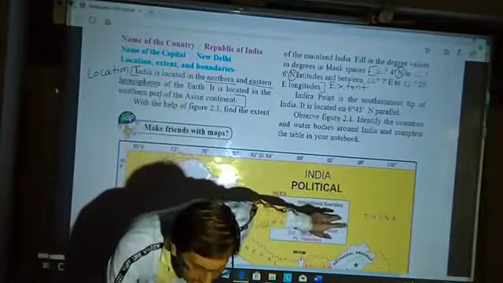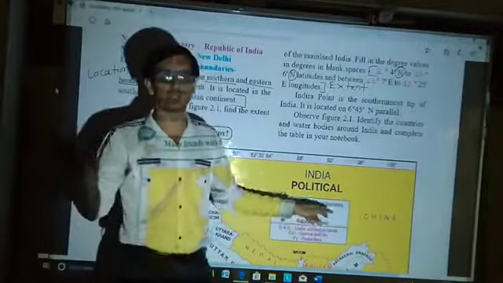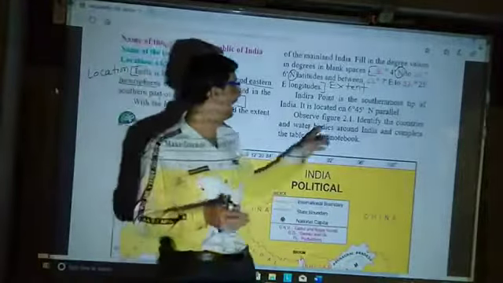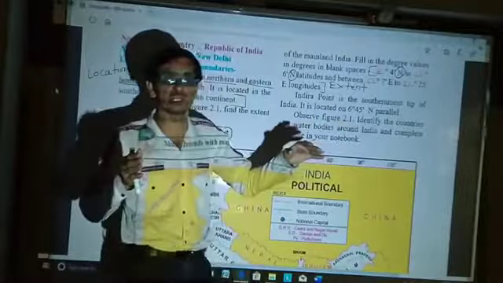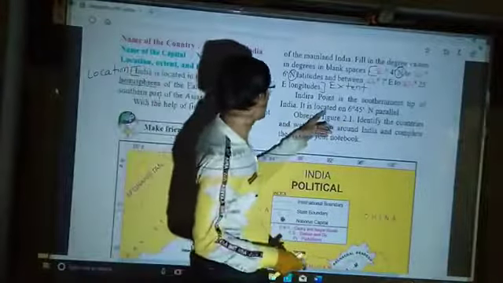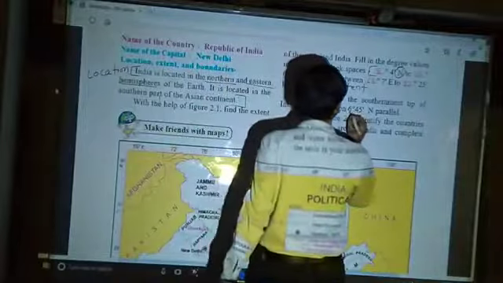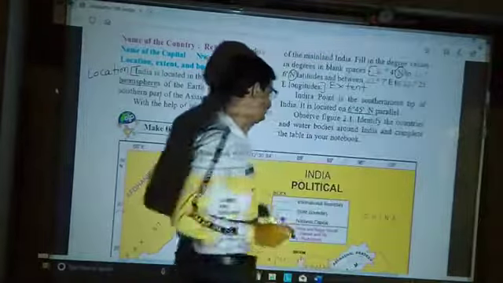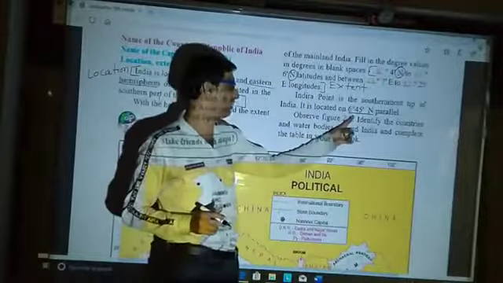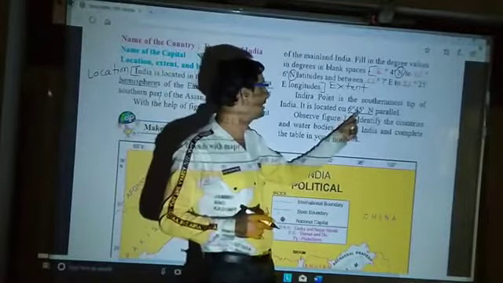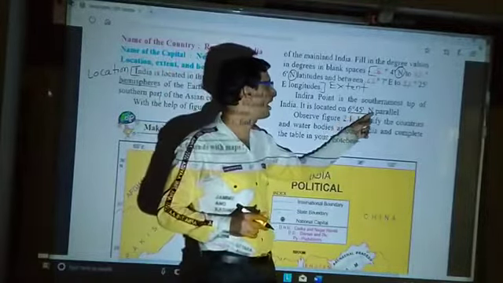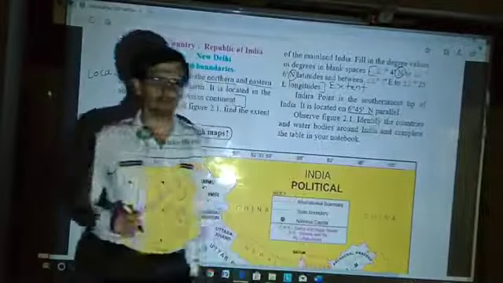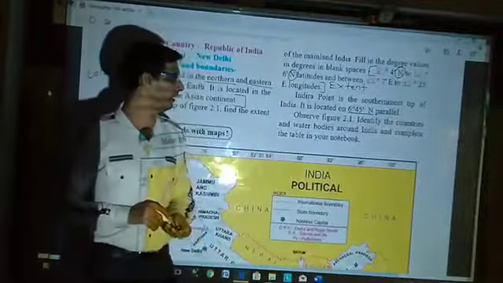I think the Andaman and Nicobar Islands. Indira Point is near the Andaman and Nicobar Islands. It is located on the 6 degree 45 minutes north parallel. Okay, you can see the location of Indira Point, 6 degree 45 minutes north parallel.